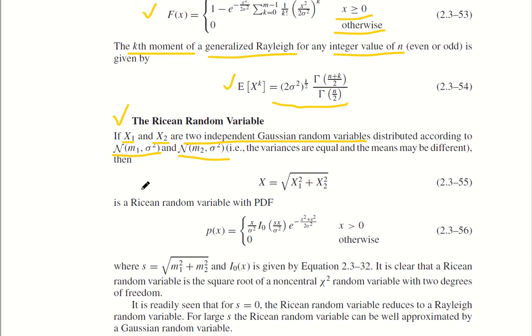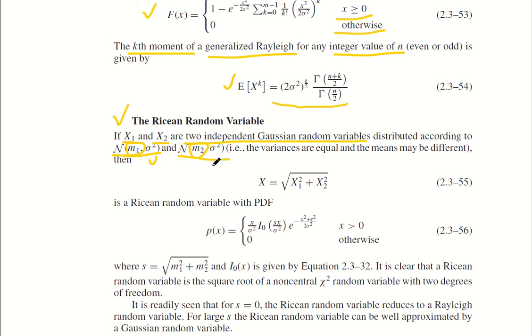So the difference between this one and the Rayleigh is that it has a mean that is non-zero, but they still have to be independent with the same variance sigma squared, right?